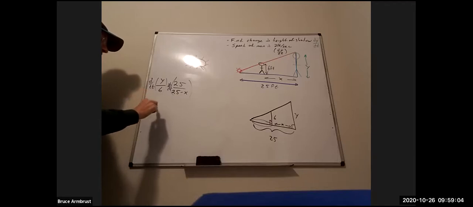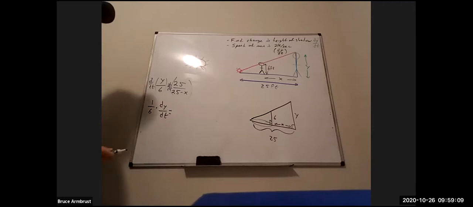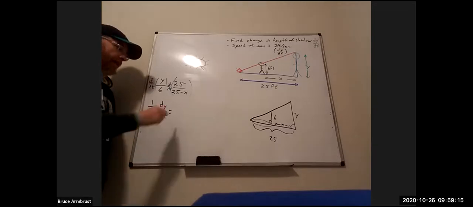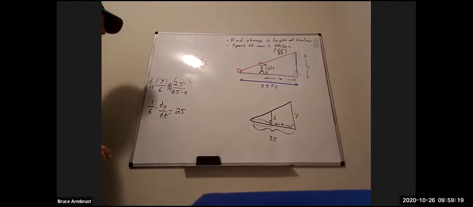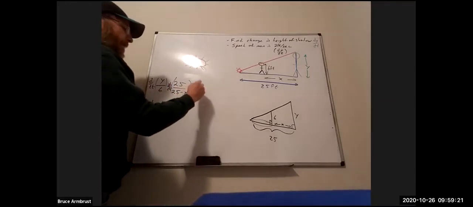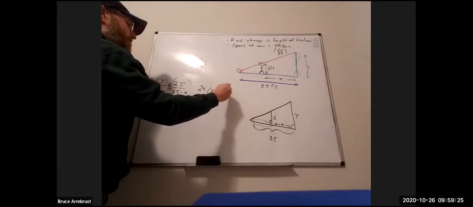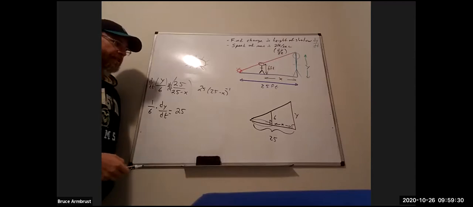We're going to get 1/6 times dy/dt. The other side, the 25 is a constant multiple. And in fact, let me rewrite this side as 25 times (25 minus x) to the minus 1. I think it'll be a little bit easier. We don't have to do quotient rule or anything like that.